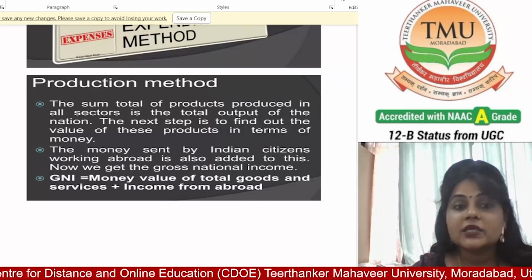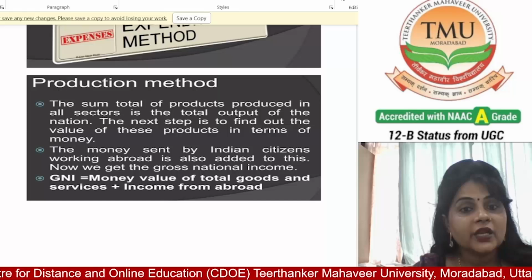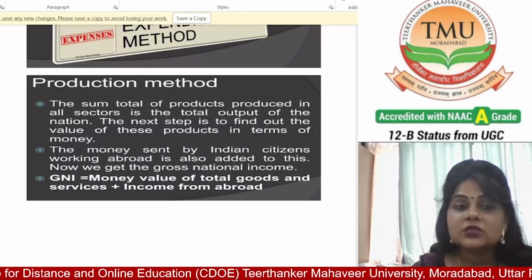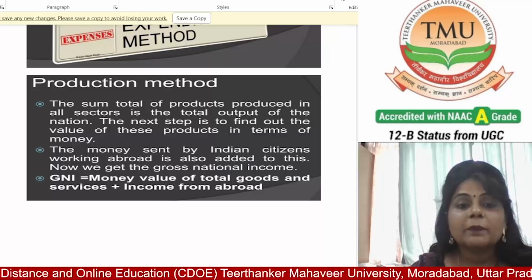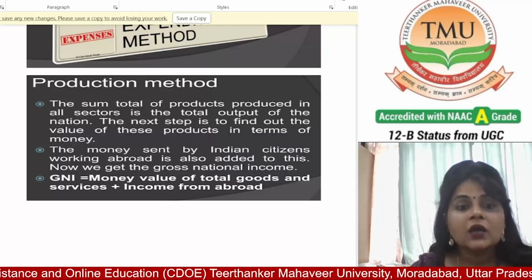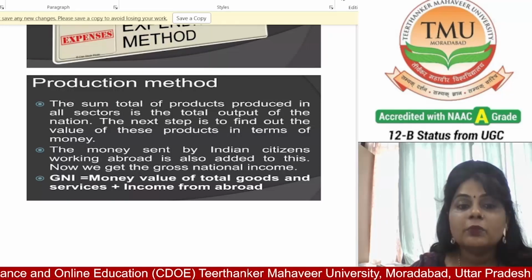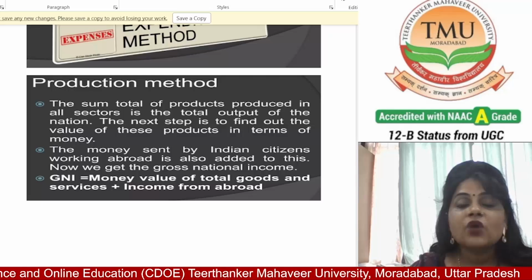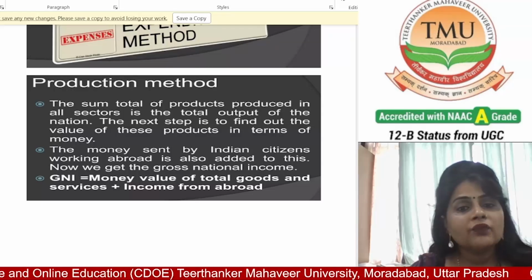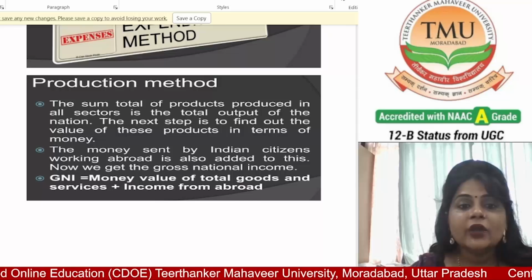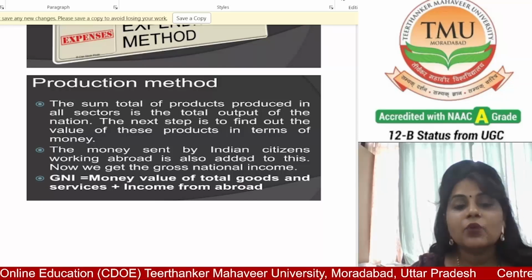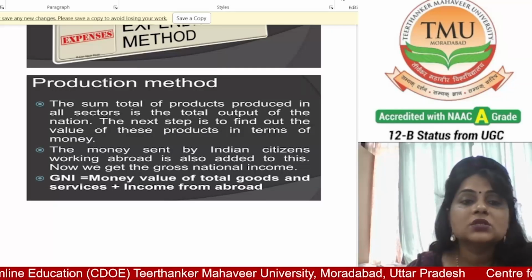In the above example, flour is the intermediate good as it is used as a raw material for the production of bread. However, any machinery used for baking bread will not be considered intermediate consumption, as its value will be merged with the value of final goods.